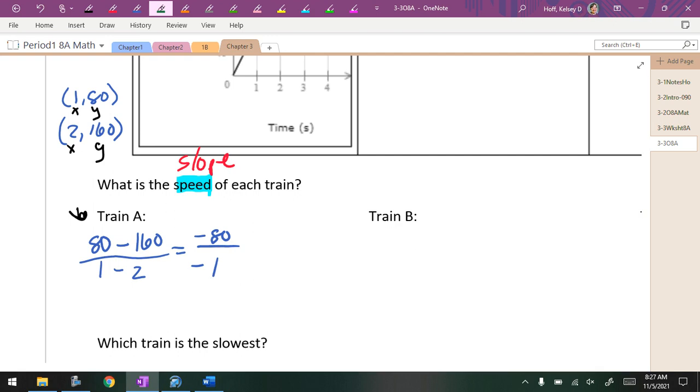A negative divided by a negative is a positive. So positive 80. That train is going 80 miles per second. That's fast.